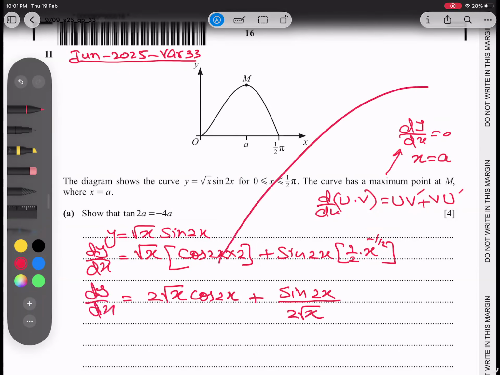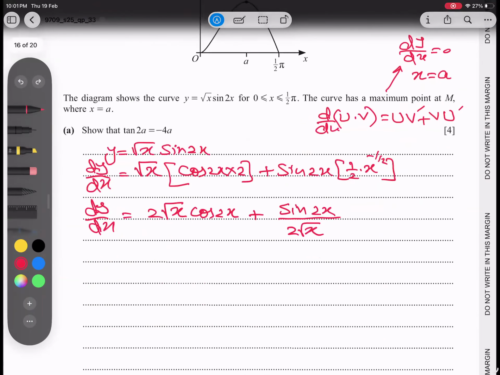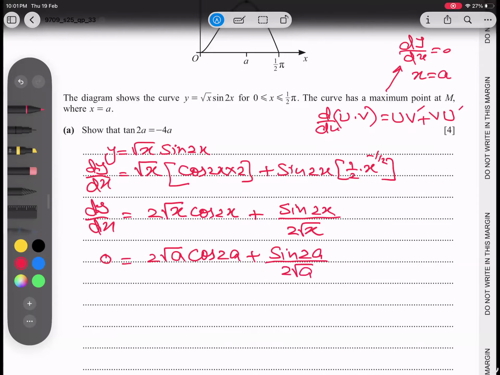The first job is derivative equals 0, and the second is x equals a. And this is my task to achieve. So I'm replacing the derivative by 0 and each x replaced by a, even here replaced by a, and 2 times 2 root of a.